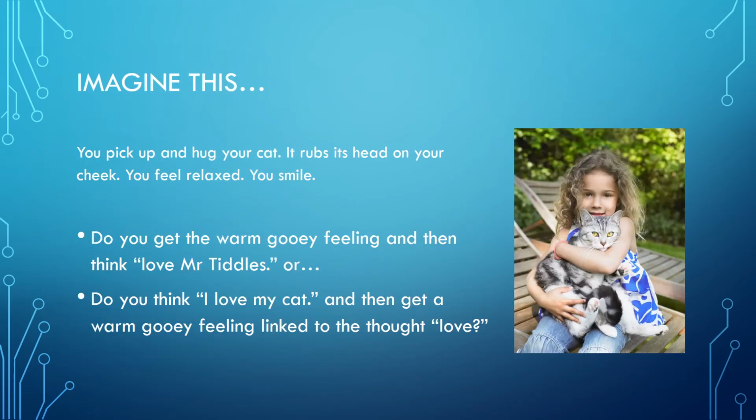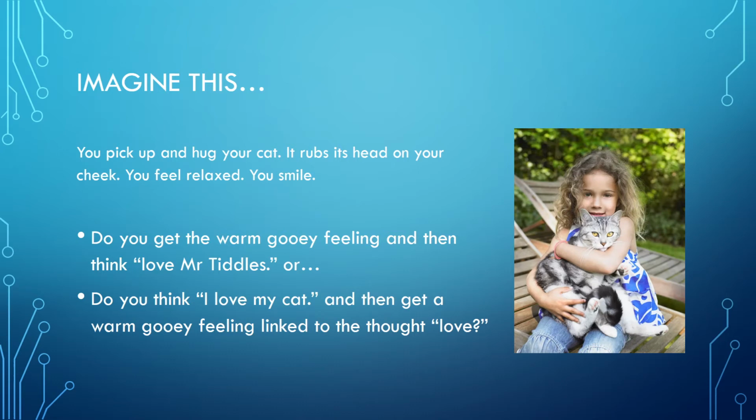Another example of this is you get home, you pick up your cat, you give it a hug, your cat molds itself into your body, it rubs its head under your chin, rubs its head on your cheek, you feel relaxed and you smile. Now then, do you get that warm, gooey feeling and then think, oh, I love Mr. Tiddles?